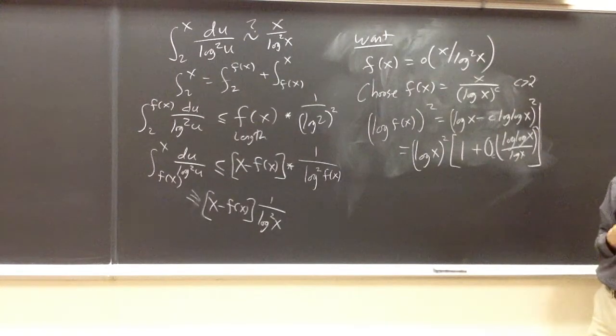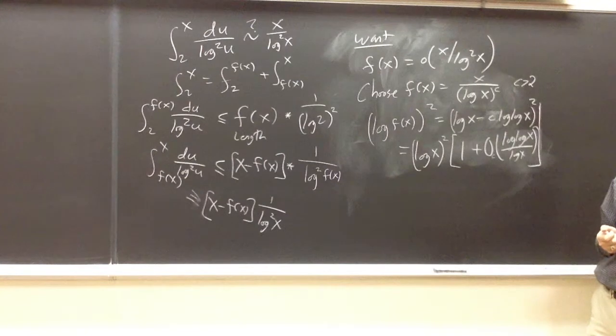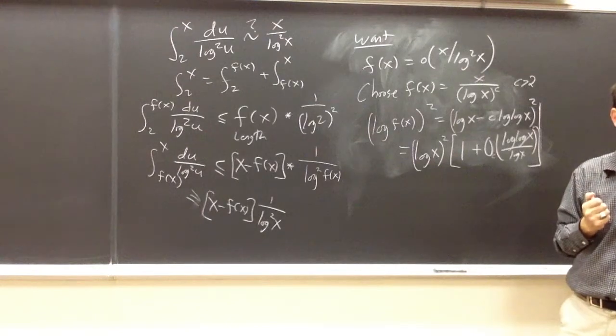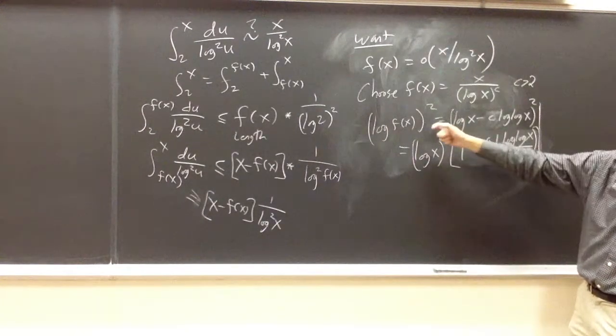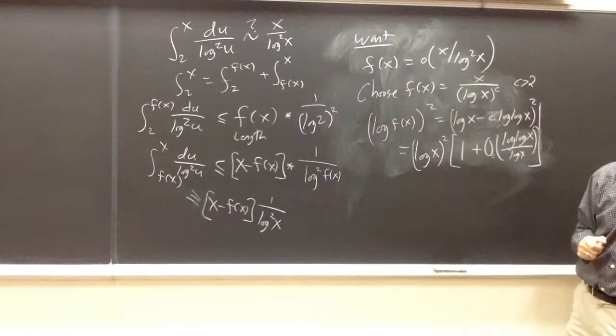If I allowed c to grow with x, then that would be different. I could have maybe c is 2 plus log x. If I really need to gain just a little bit of a small boost, I could try something like that. But when I do it here, we can see the log of f of x is so close to the log of x.